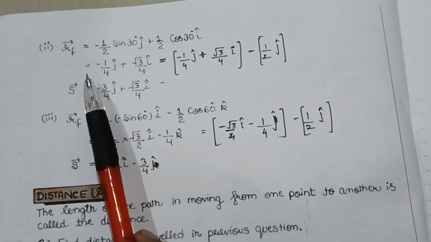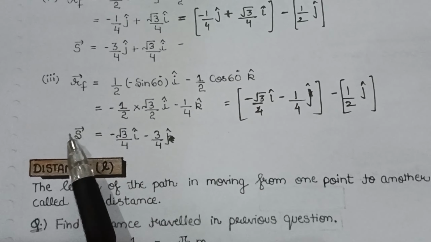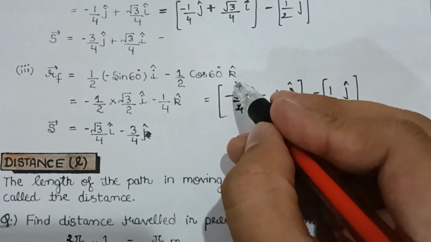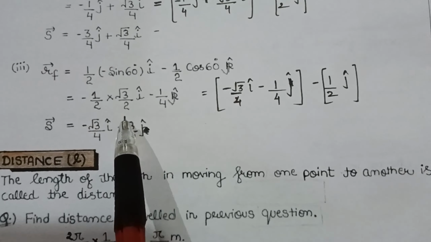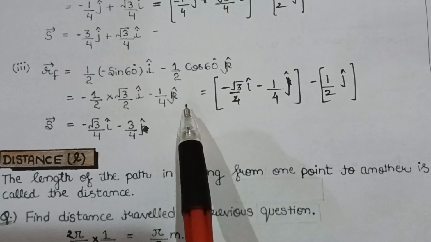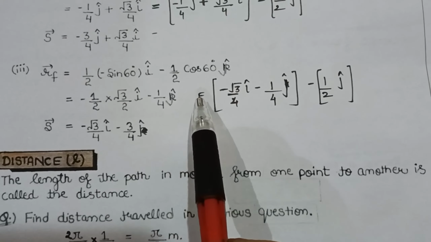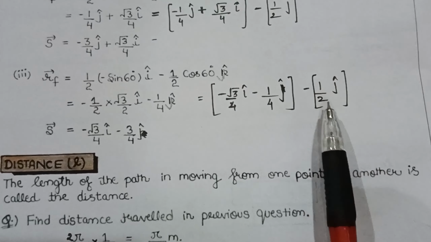The solution to the third question: final position vector is equal to half of minus sin 60 degree i cap minus half of cos 60 degree j cap, which is equal to minus of half into root 3/2 i cap minus 1/4 j cap, which is equal to minus root 3/4 i cap minus 1/4 j cap, minus 1/2 j cap.